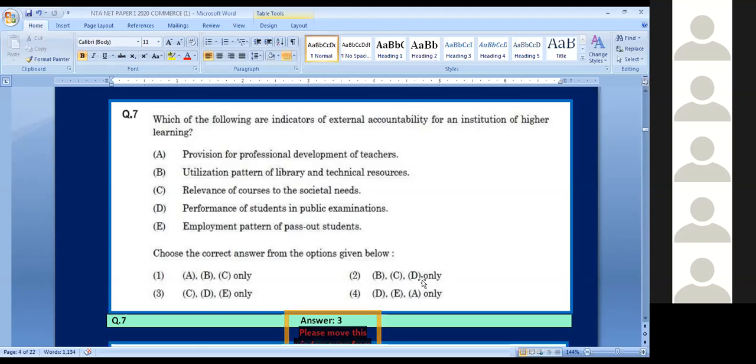I have read C, D, and either B or E, and that gives my answer. I have read only 3 items given above and I am able to answer this. This is how you should go. You should not read A, B, C, D, E, then come to the coding A, B, C or B, C, D, whichever matches. If you follow the traditional approach, that leads to a waste of time and you lose marks in the other questions.